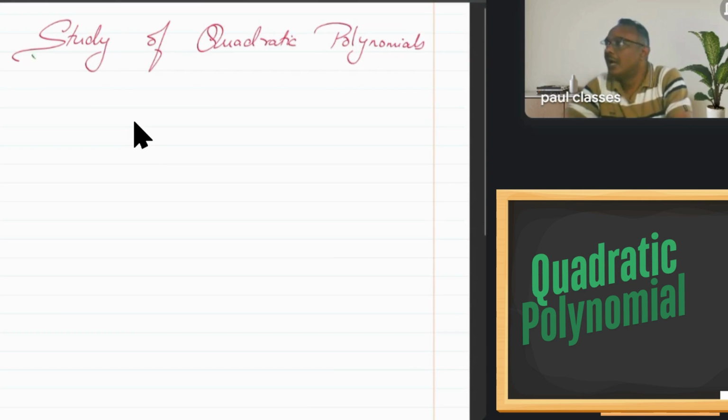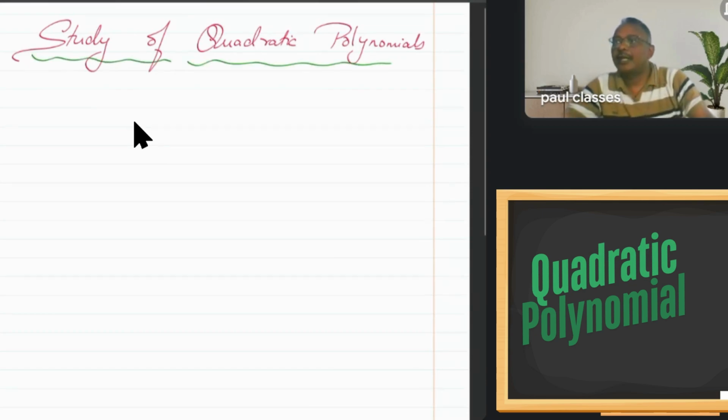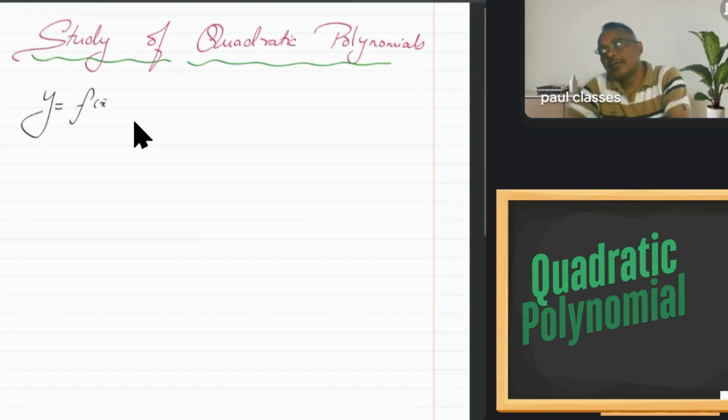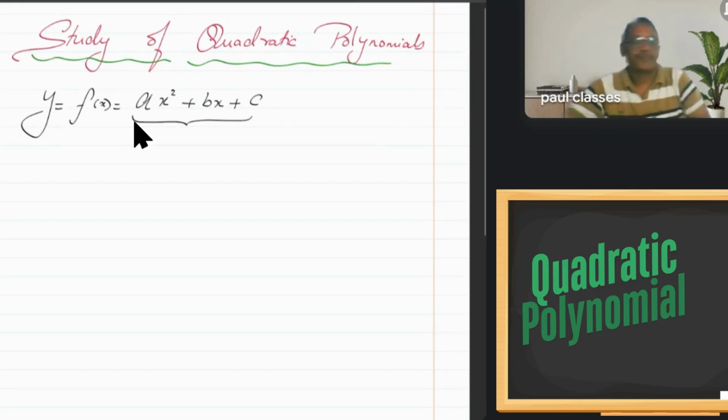ठीक है. Our next target now is to study how a quadratic polynomial behaves. A general quadratic polynomial is represented in the form of ax square plus bx plus c. ठीक है?